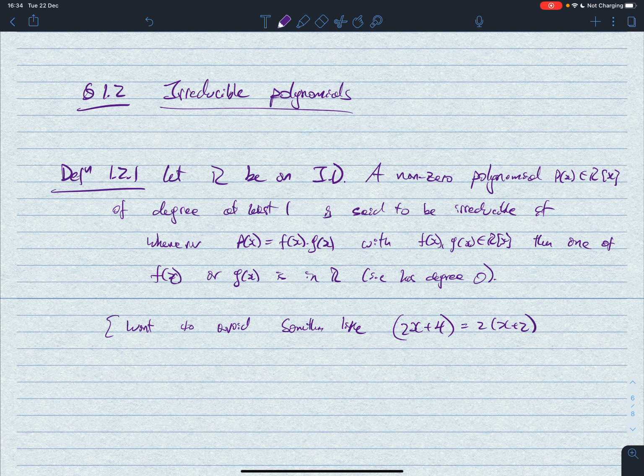And for our purposes, we somehow still want to say that these polynomials are irreducible, even though it factors, just because technically this isn't a unit.